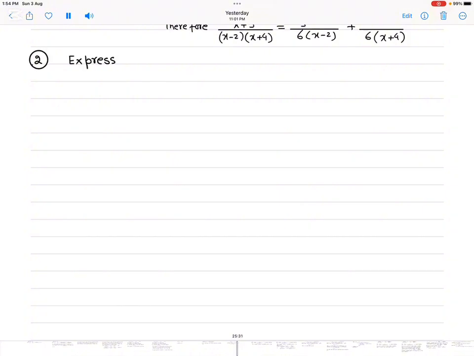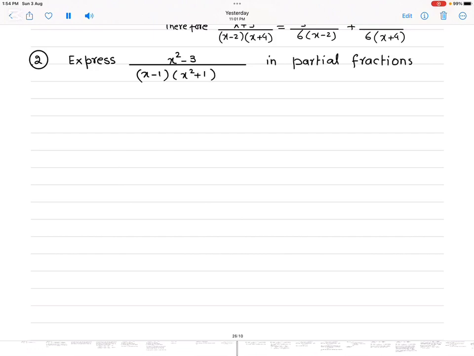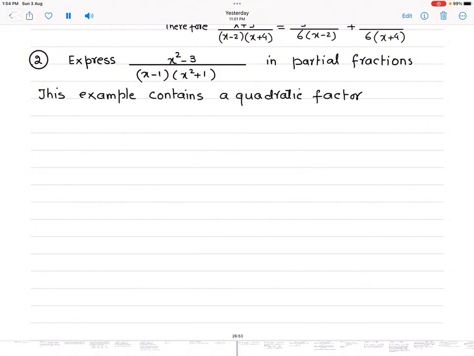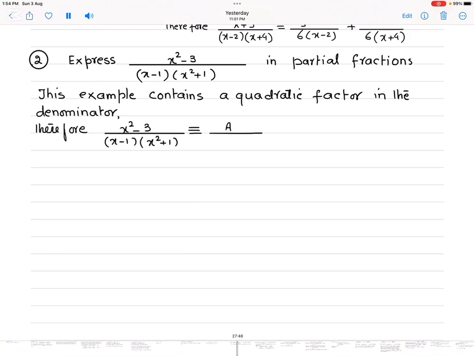Number 2. Express x squared minus 3 over x minus 1 times x squared plus 1 in partial fractions. This example contains a quadratic factor in the denominator. Therefore, x squared minus 3 over x minus 1 times x squared plus 1 is identical to a over x minus 1 plus bx plus c over x squared plus 1.